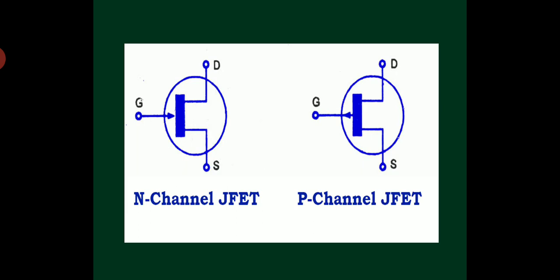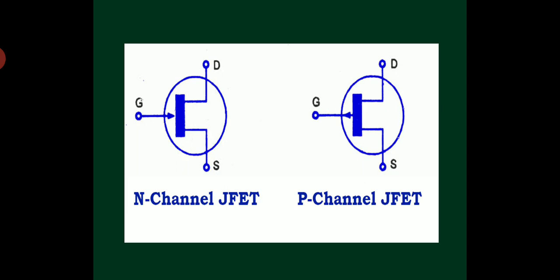Another thing I want to discuss here is that FETs are much easier to fabricate compared to BJTs. So that's why these are much more practically useful in integrated circuit chips, in fabrication of integrated circuits.